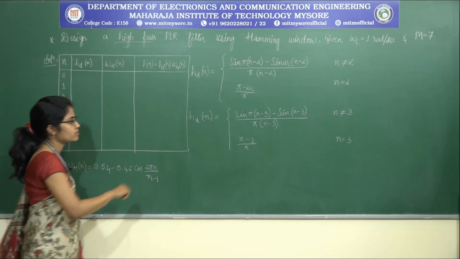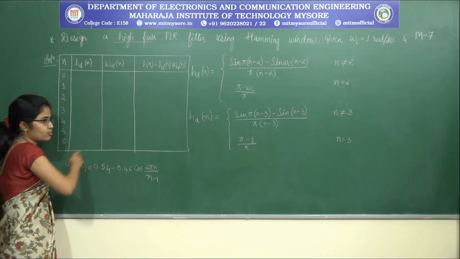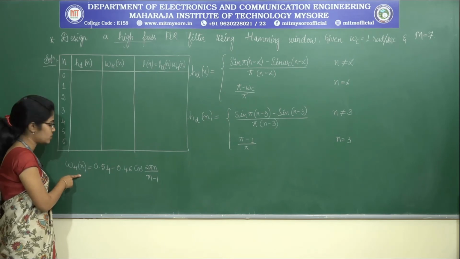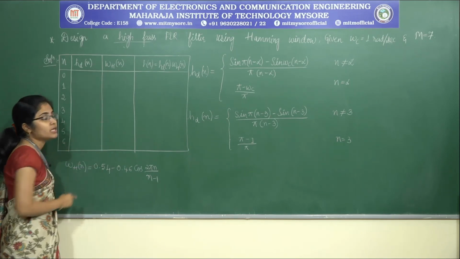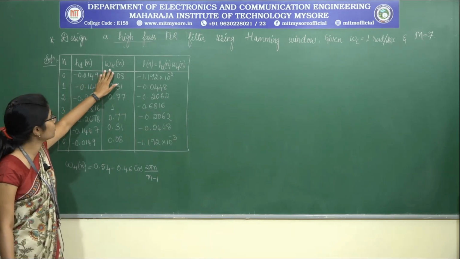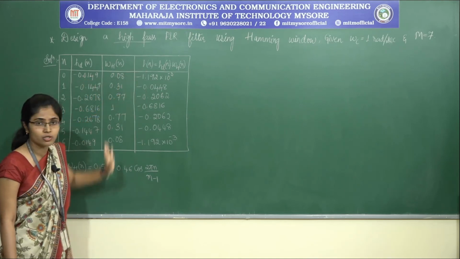Now I should substitute the values of n in this formula and find out hd of n. Similarly, we should substitute the value of n in this equation and then find out omega h of n. I have tabulated the values of hd of n, omega of n, and then I have multiplied these two and I have also found h of n.